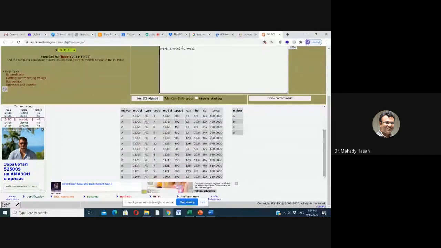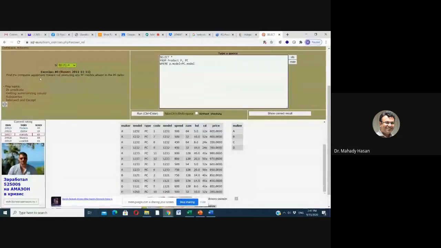You can see in the maker I have A, B, and E. Only these makers are there. So find the computer equipment makers not producing any PC models present in the PC table.